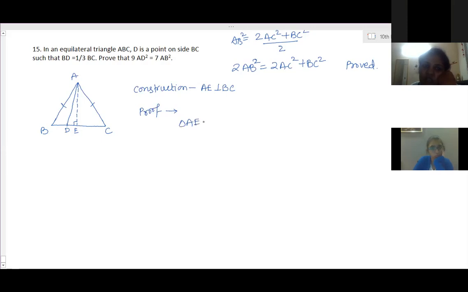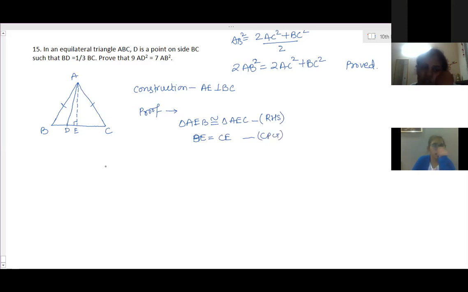Triangle AEB is congruent to triangle AEC by which criteria? RHS. RHS criteria. Two triangles are congruent. So therefore can we write BE is equal to CE by CPCT? Yes, ma'am.